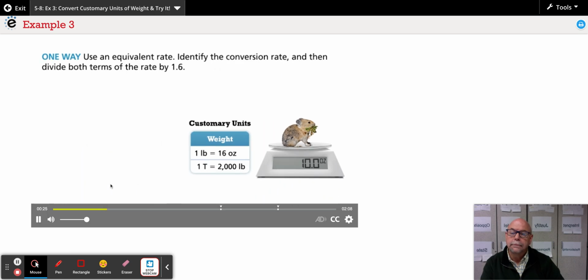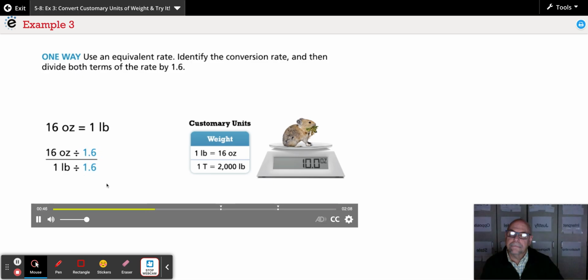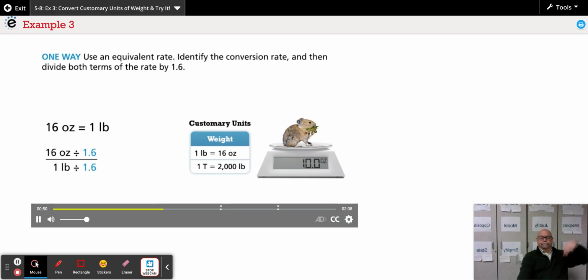One way to convert ounces to pounds is to use an equivalent rate. Identify the conversion rate from the table. 16 ounces equals 1 pound. The conversion rate is the ratio of 16 ounces to 1 pound. To find the equivalent ratio for 10 ounces, divide both the numerator and denominator by 1 and 6/10, because 16 divided by 1 and 6/10 is equal to 10.